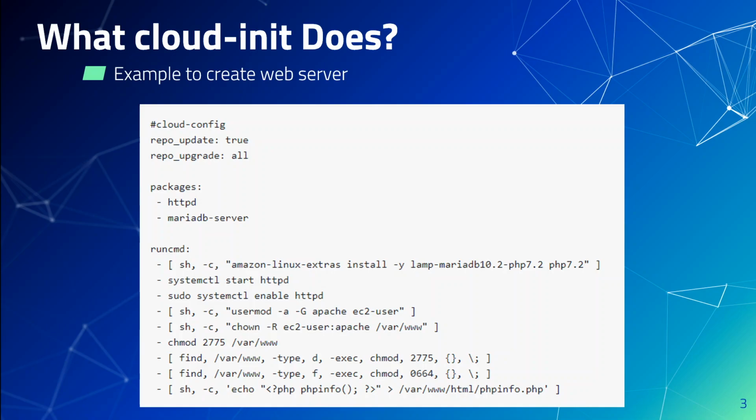And runcmd is where you actually give your shell commands, and these are the common shell commands to first update the Amazon Linux extras packages, starting the httpd daemon, then enabling it, and so on and so forth. The main point here is the way these directives are configured under the square brackets with the hyphen.